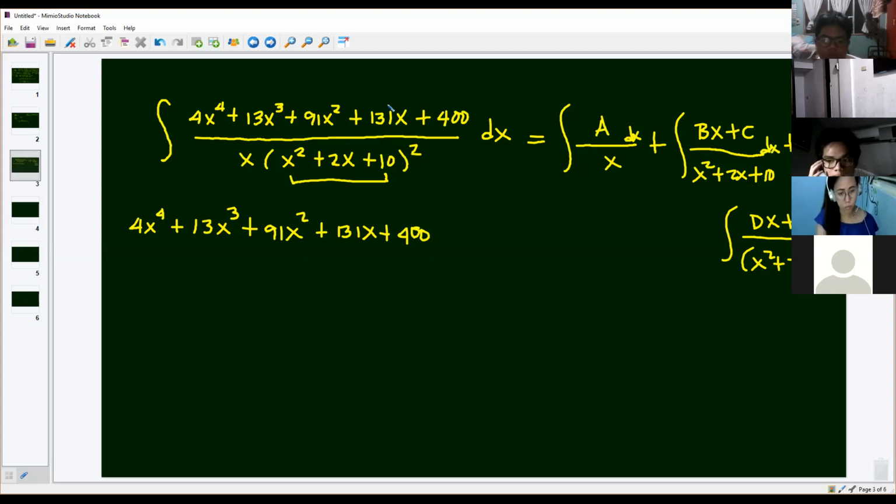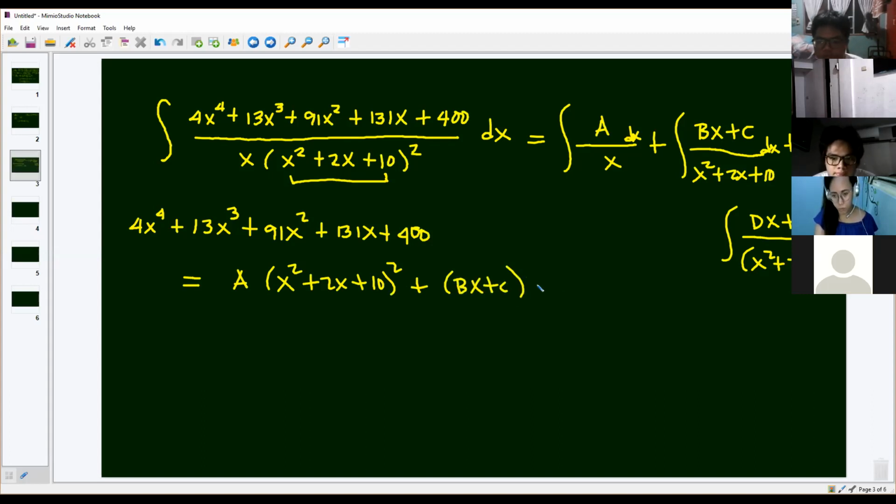The given integral is a sum of 3 partial fractions. The integral of 3 partial fractions. So this would be a times, of course, si x squared plus 2x plus 10 squared plus the quantity bx plus c.